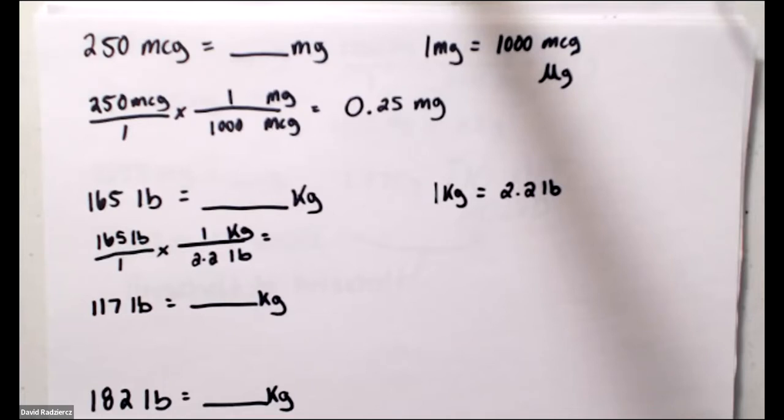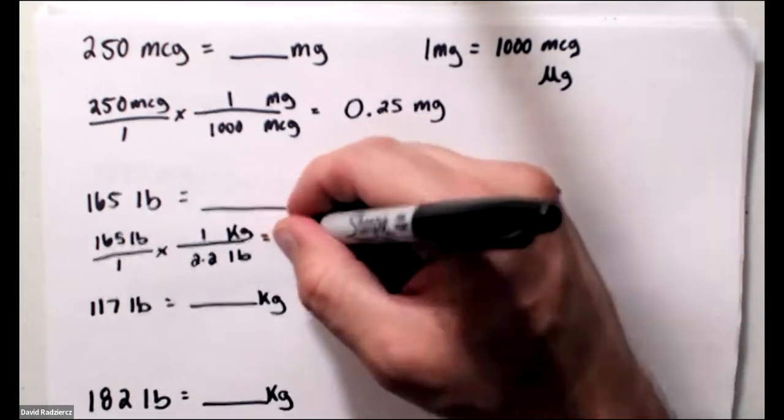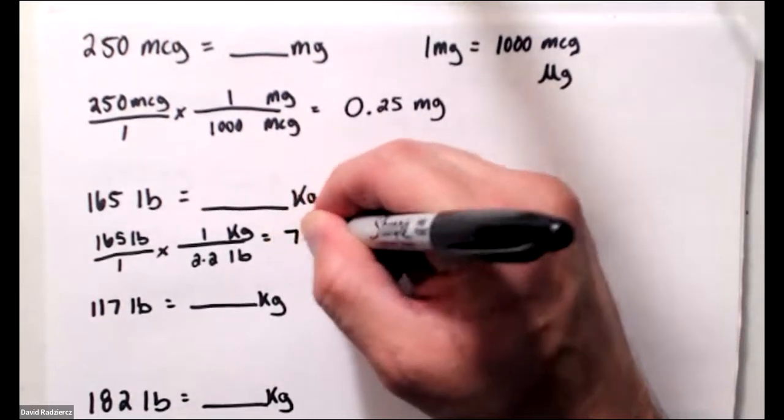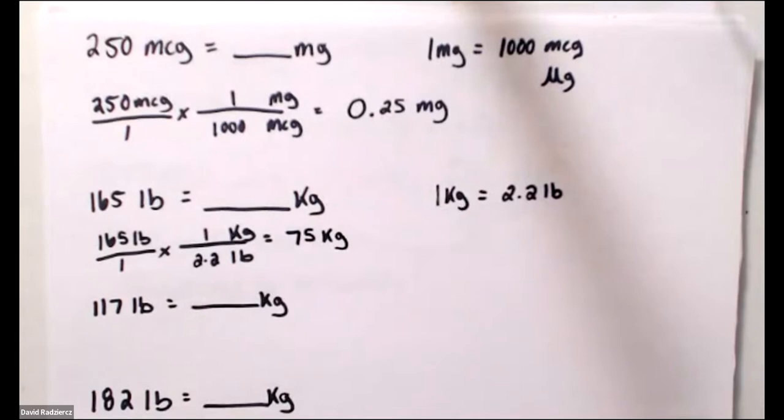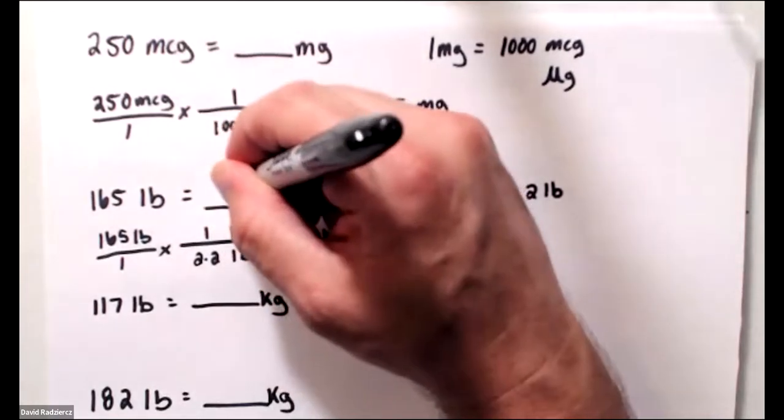I'm using the one on my phone. 165 divided by 2.2 is a whole number, 75 kilograms. So that's it. You don't have to worry about rounding or anything like that. Your answer is 75.